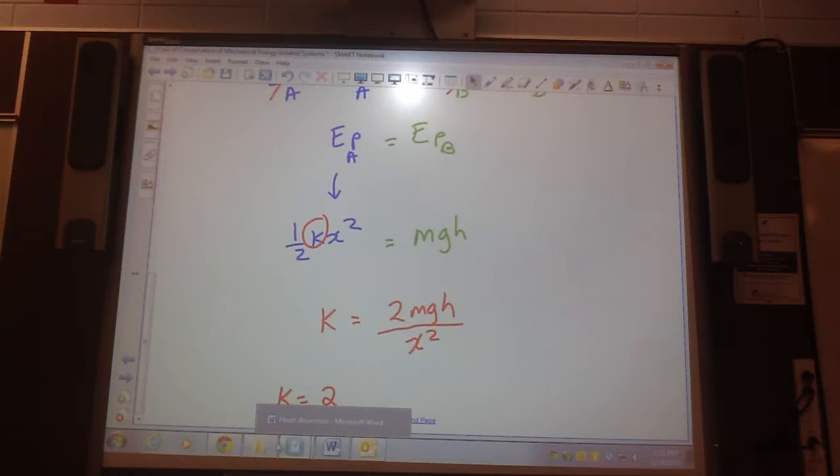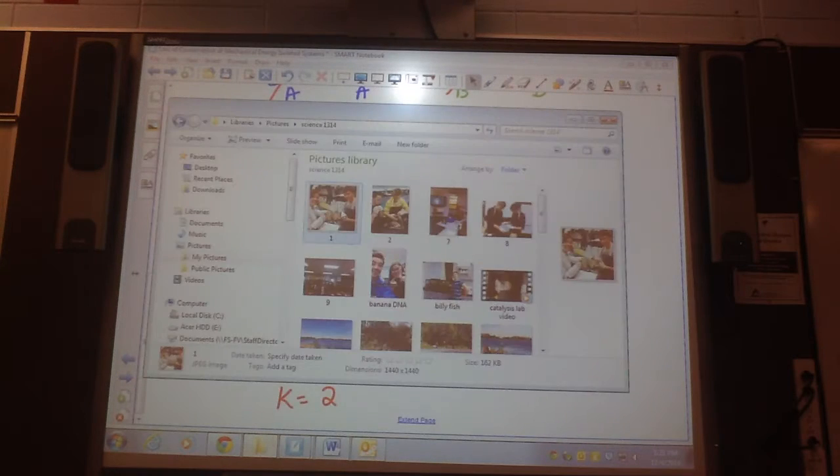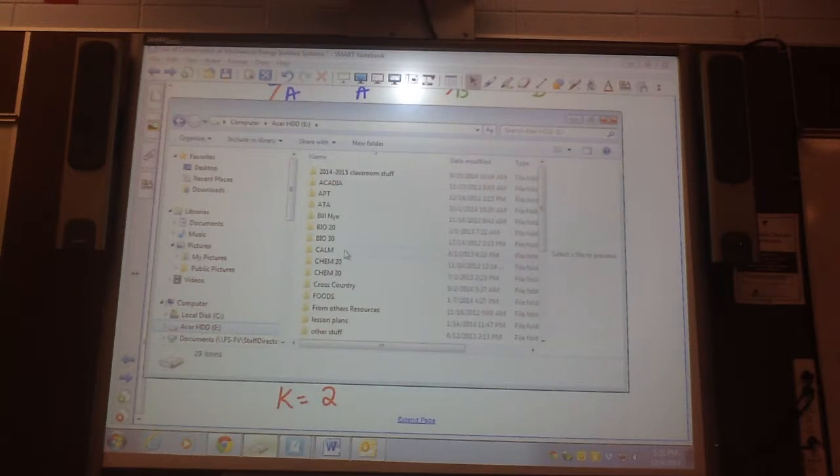Because we have both the mass of the pendulum and the mass of the ball.